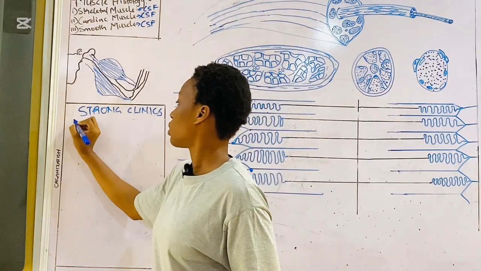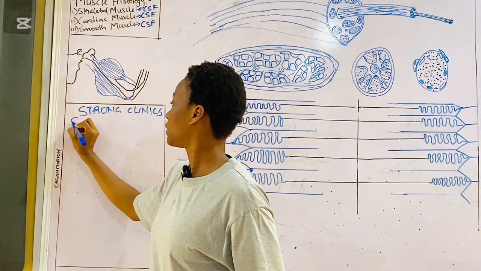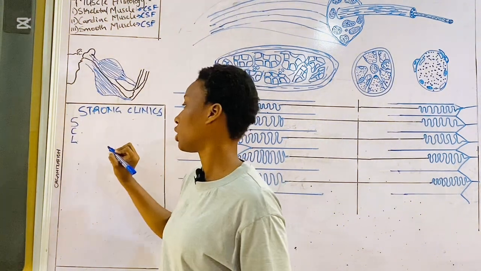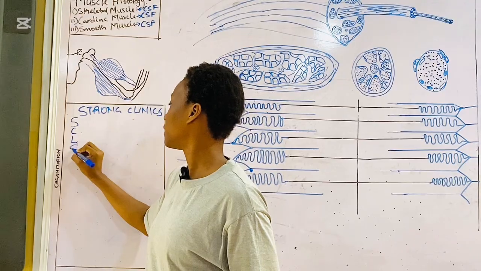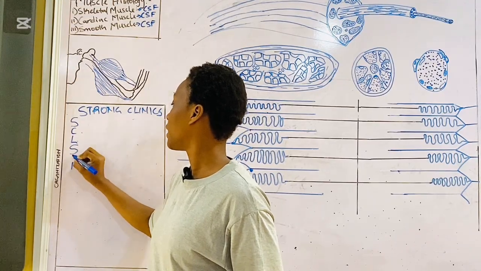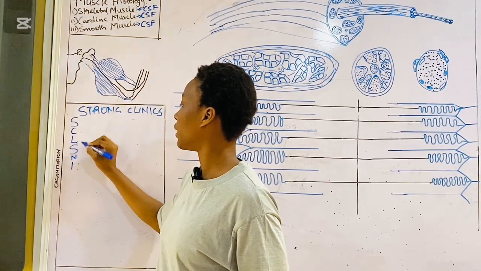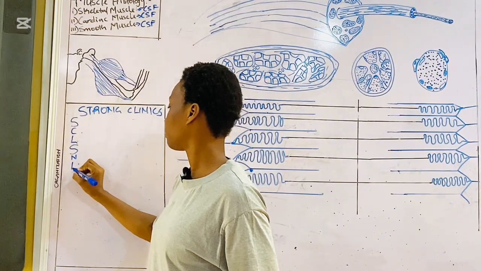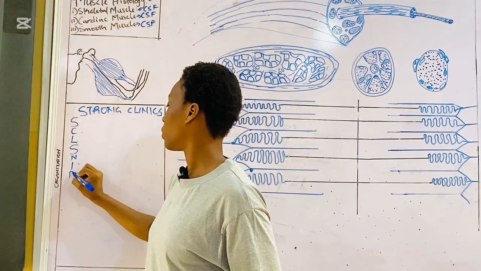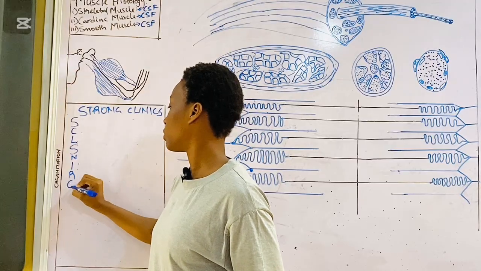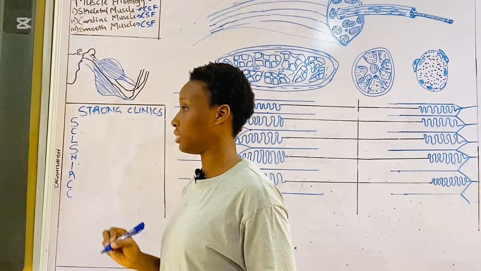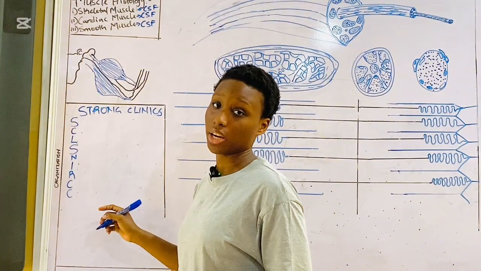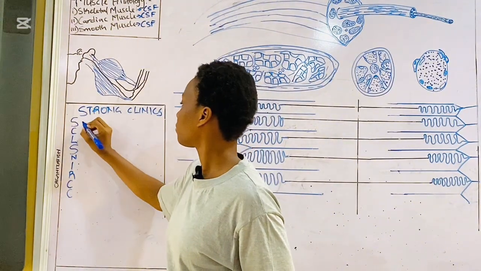Strong clinics, we're going to bring out S, then C, L from the clinics. We're going to bring out another S, then I, N, from clinics. Then finally, we're going to have an R, then we are going to have double C's. The first S in strong clinics stands for shape.